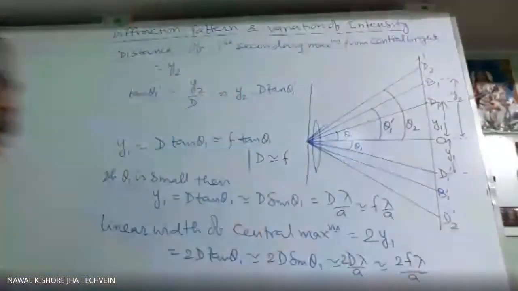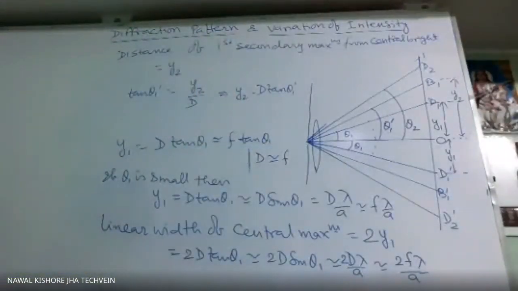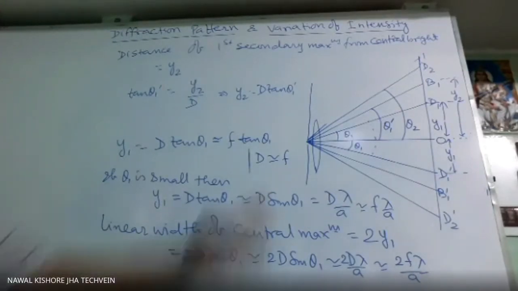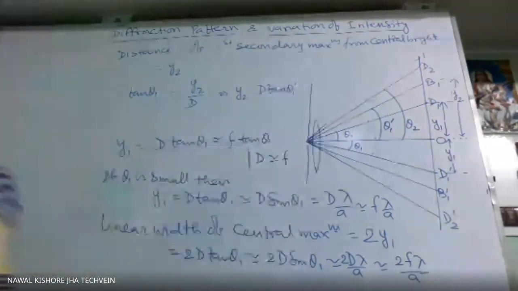So whatever is asked, accordingly we can find. Generally it is asked: the angular width or linear width of the central maximum, the angular or linear position of the first dark. Sometimes the first secondary maximum is also asked. So this way you have to solve the numerical.